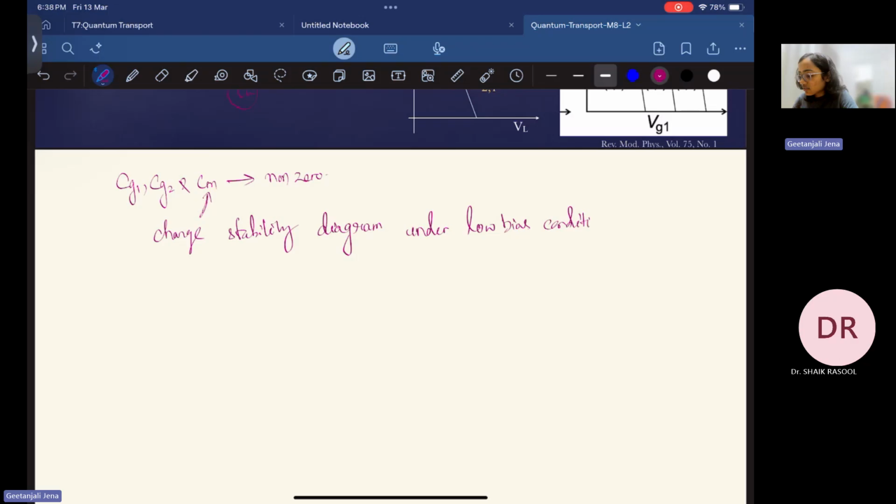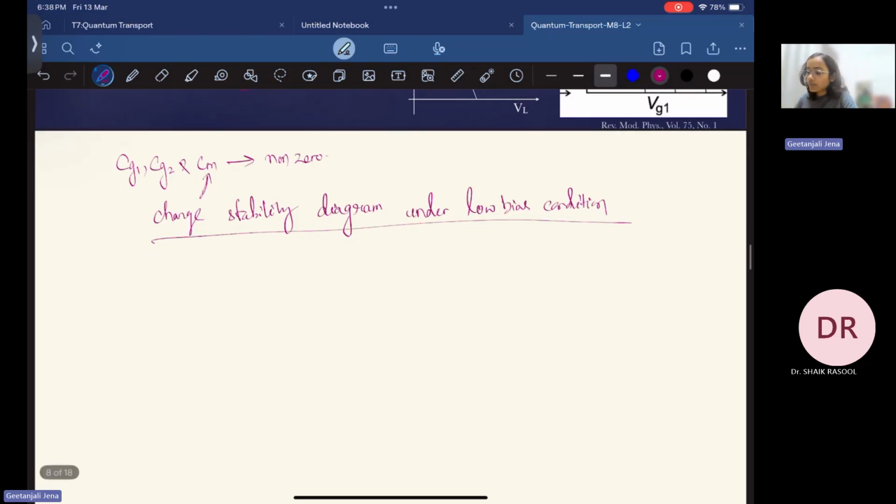For the low bias case, in the lecture we have seen 3 cases, but for the higher bias case, we have only seen one case, where the system is more realistic, that is, none of the capacitances is zero. But for the low bias case, we have seen them one by one. We started with zero value of capacitance, then we made one of the capacitances non-zero, then we made all of these capacitances non-zero.